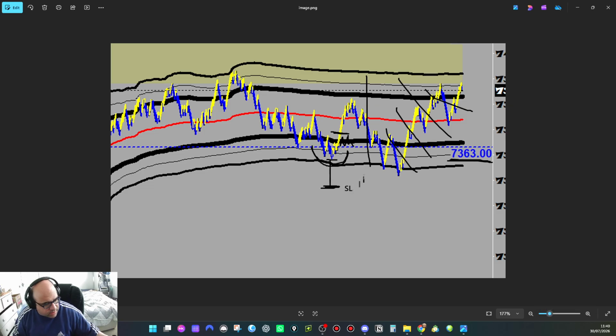The stop loss is here. We take a trade. Let's say we have these highs as a target. Let's say this is your blue line, which is the target.